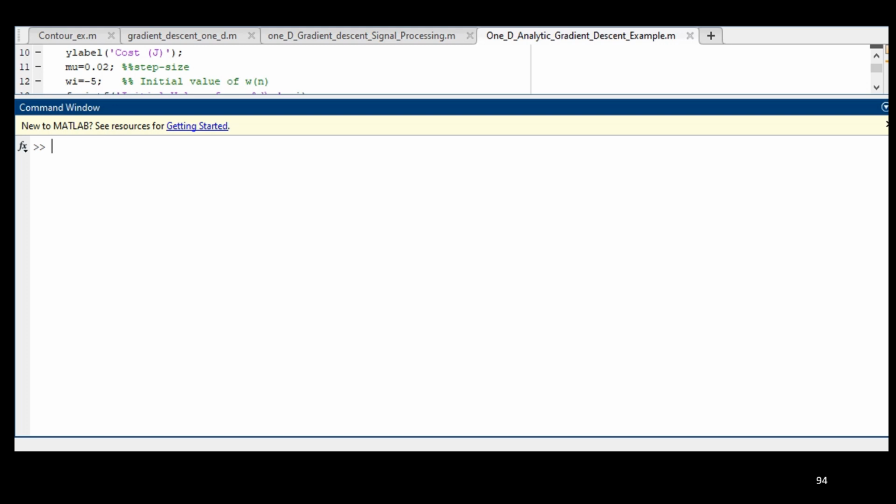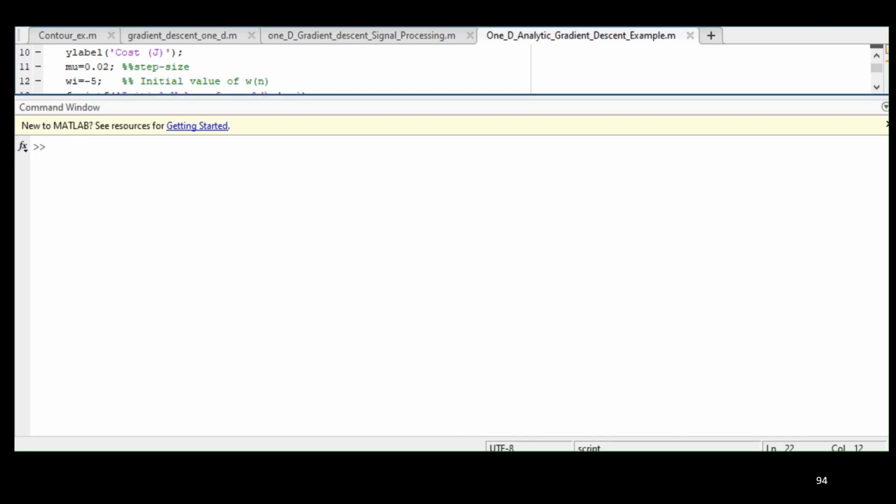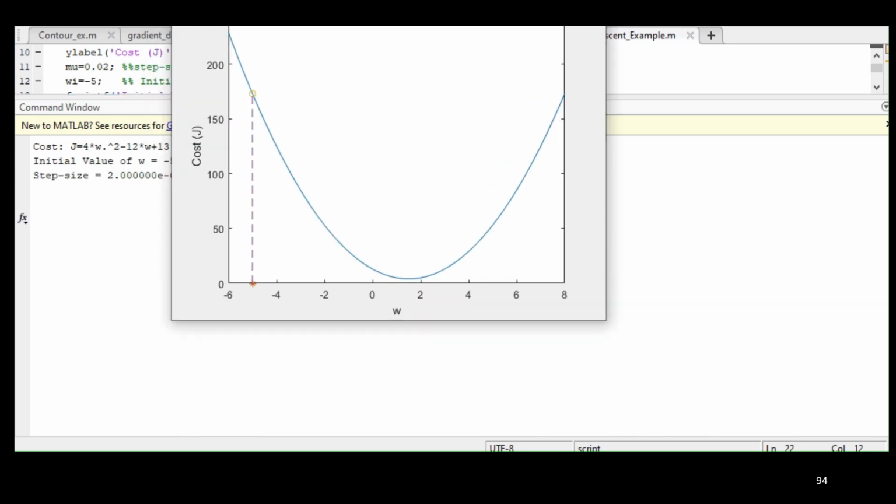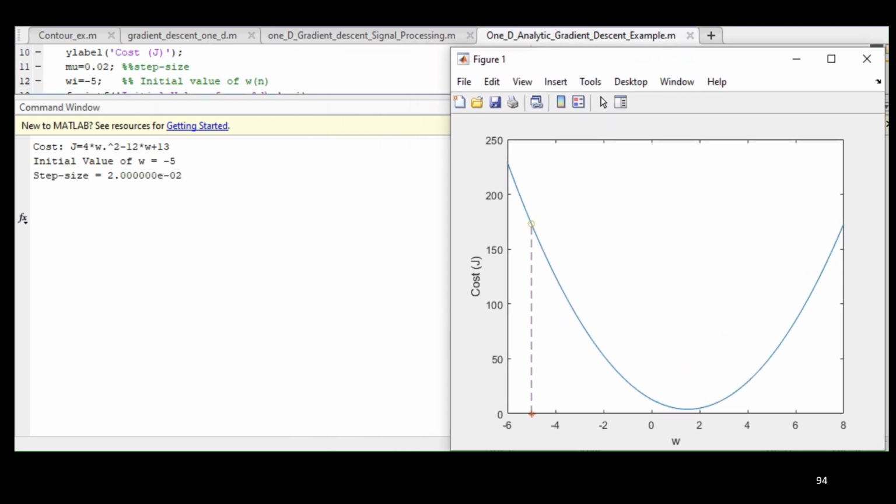And here you will see the function. You see this cost function, J equals 4w square minus 12w plus 13, and the initial value is w equals minus 5.